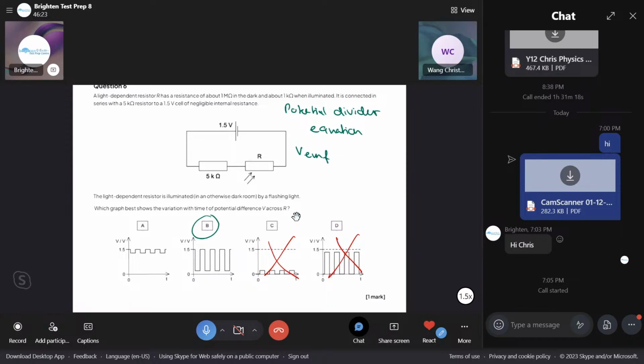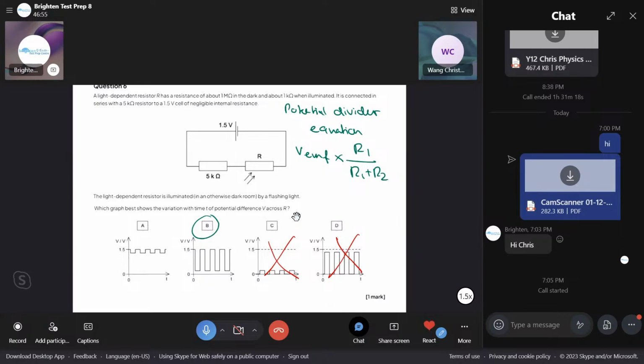So we have, of course, the voltage of the EMF. R1, we can as well call it the resistance over the LDR.